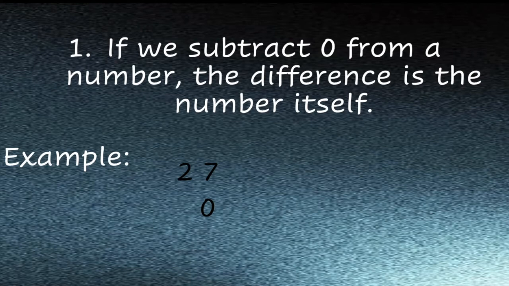When you subtract 0 from 27, the answer will be 27 itself. You have 219. When 0 is subtracted from it, the answer will be 219 itself. So the first property of subtraction is that when you subtract 0 from a number, the difference will be the number itself.